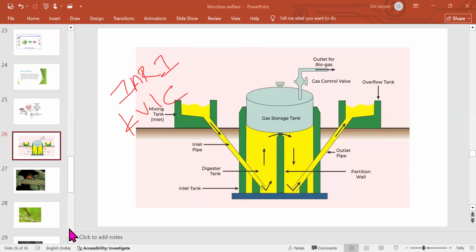IARI means Indian Agricultural Research Institute. This is one organization which takes the initiative to develop the biogas and provide it to mostly the rural areas in India. Whereas KVIC is the Khadi and Village Industries. So these two are the organizations which mainly work on biogas production and its supply.